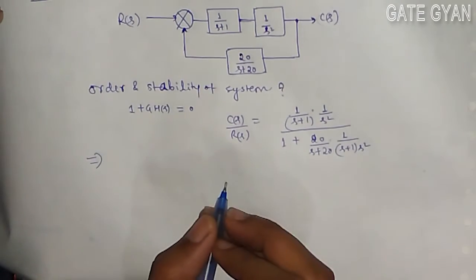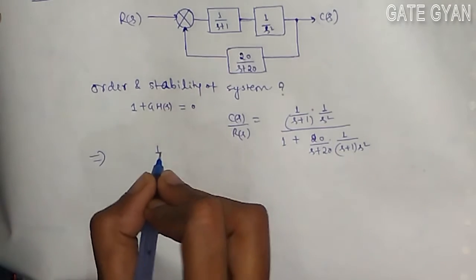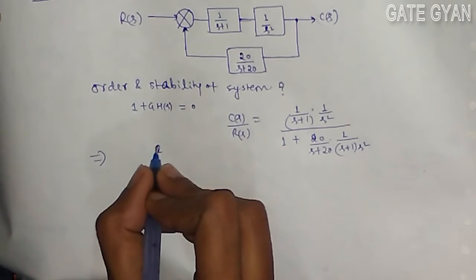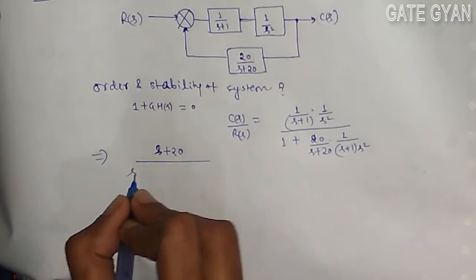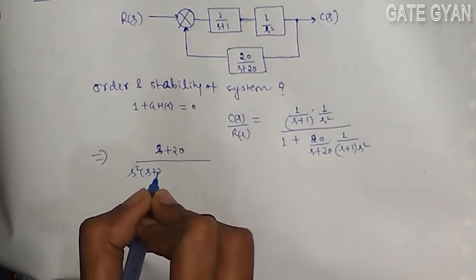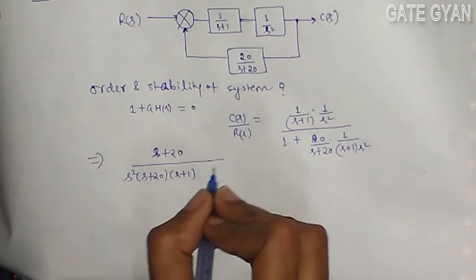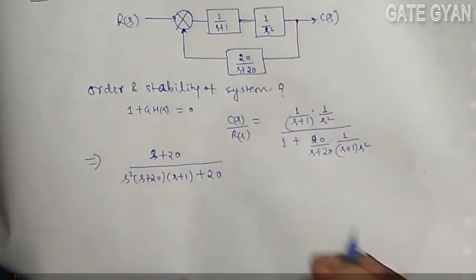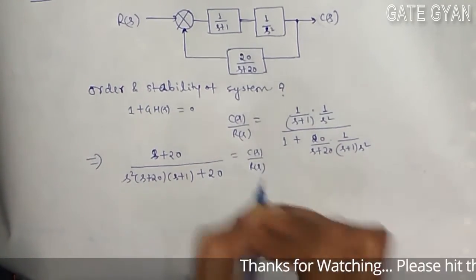So this transfer function will look like (s plus 20) upon s square (s plus 20)(s plus 1) plus 20. This is C(s) by R(s).